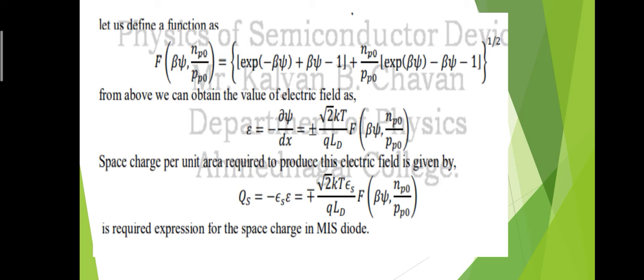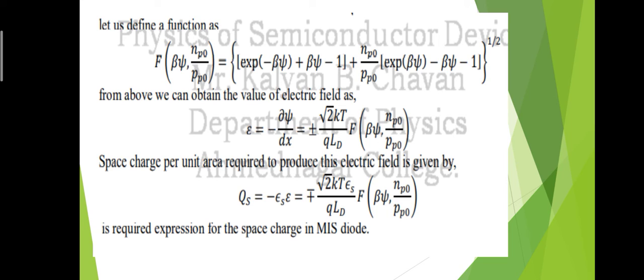Because here we take the square root, and adjusting the term, that is LD, and the function f. So here we get plus minus root 2 kT divided by q LD into f of beta psi, np0 divided by pp0. So this is the required epsilon, that is the electric field at the surface of the semiconductor.